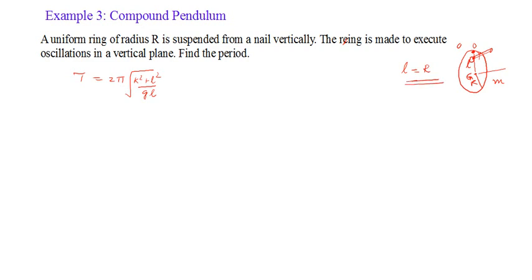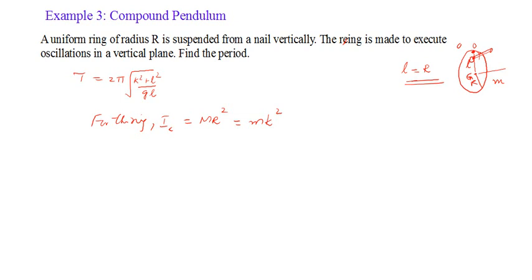So for the ring, I about the center of mass, the standard result is m r square. That is equal to m k square, as it can be equated with the standard equation in terms of the radius of gyration.